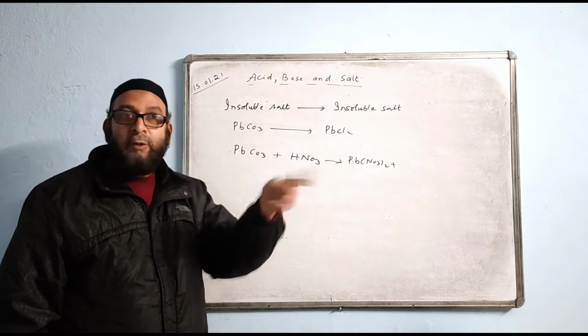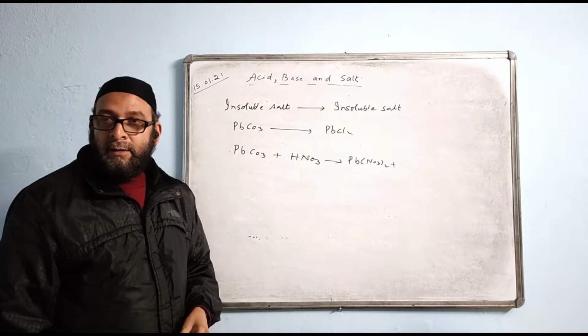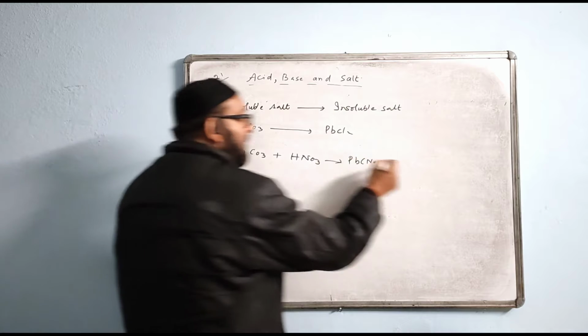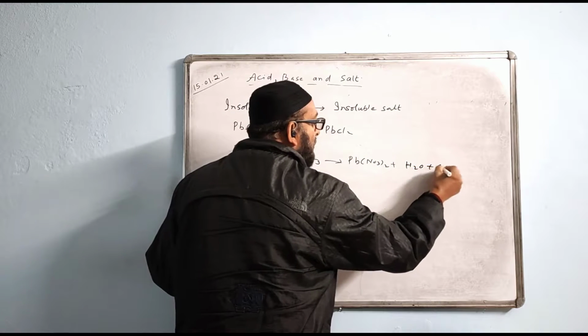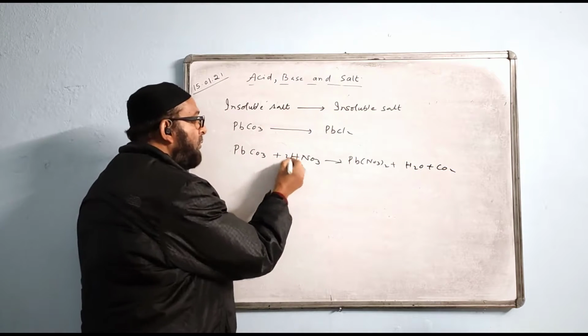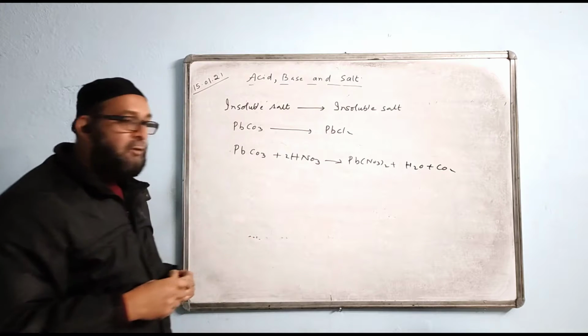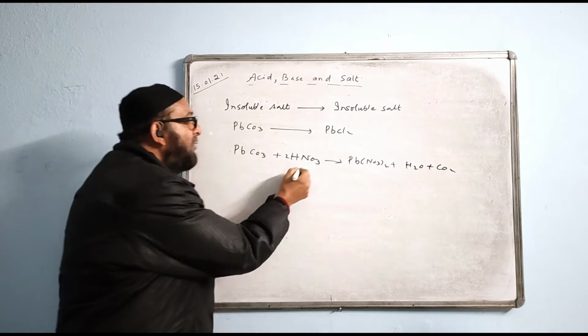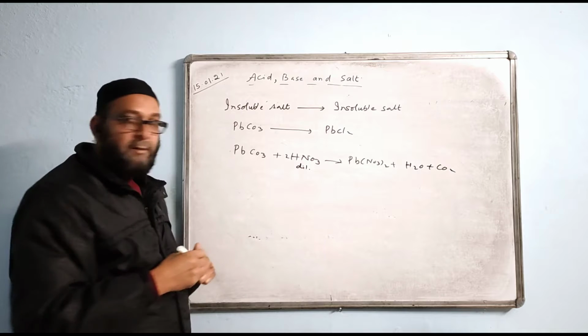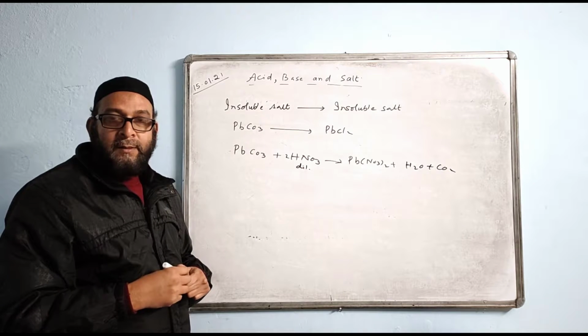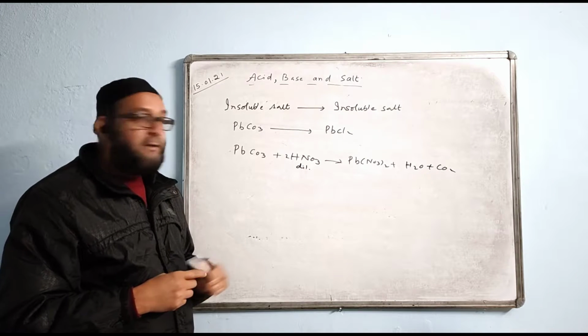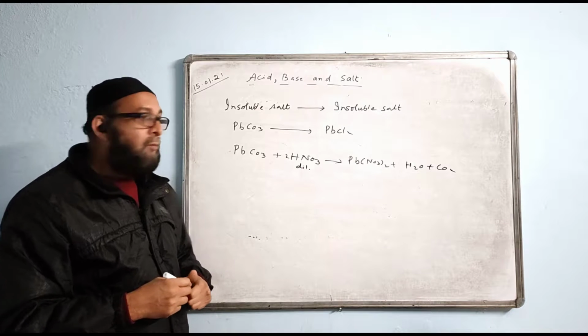Salt plus water plus CO2. That reaction you have to write: salt plus H2O plus CO2. Put 2 here. Balanced. This is a dilute acid, all dilute acids we are using. This time the reaction is different here. It gives carbon dioxide.